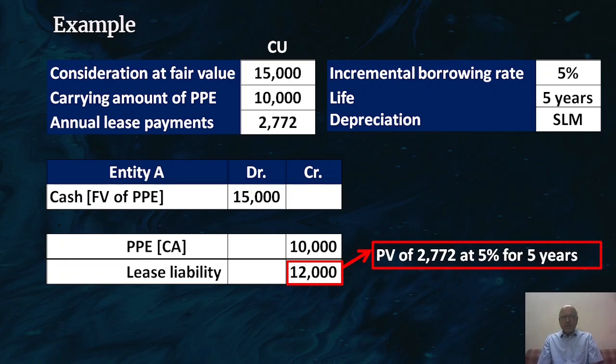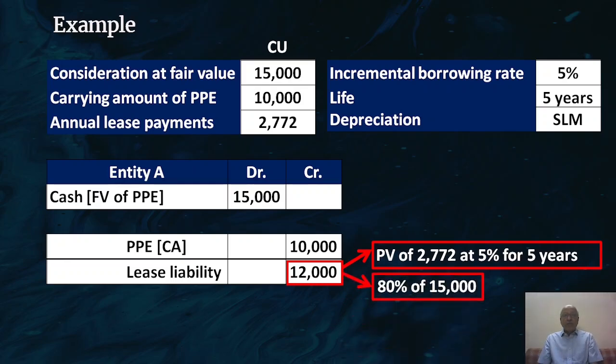That means the seller-lessee determines lease payments to reflect equal periodic payments over the lease term which, when discounted using the incremental borrowing rate of 5%, will result in a carrying amount of the lease liability at the commencement date of 12,000 rupees. Simple thing: the present value of 2,772 payable for 5 years at a discount rate of 5% comes to 12,000. So 12,000 is the carrying amount of the lease liability at the commencement date.